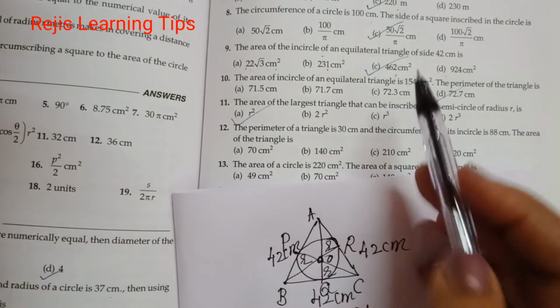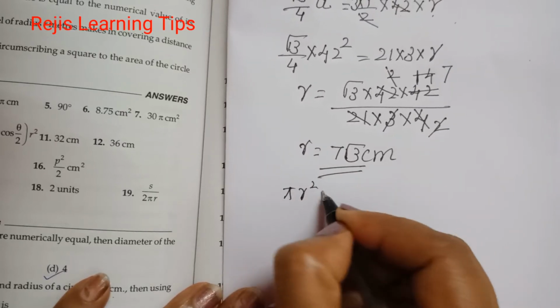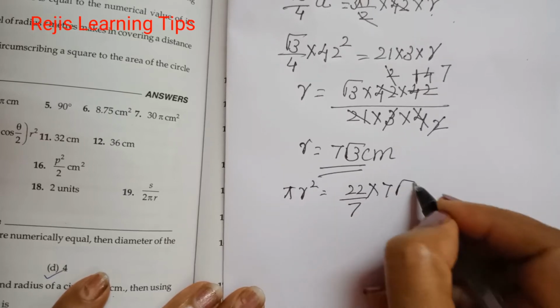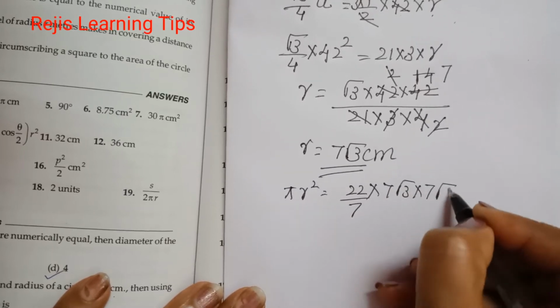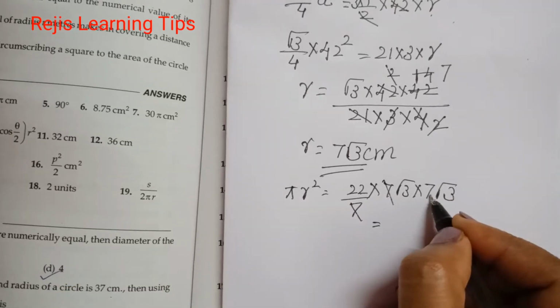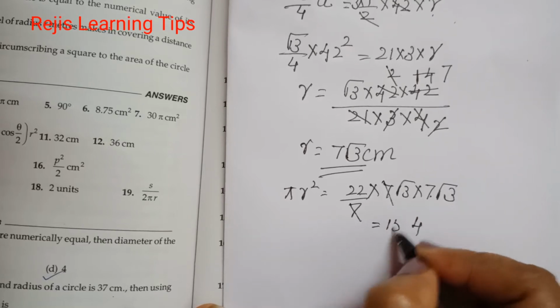We have to find the area of the incircle. Area of the incircle is equal to pi r square. Pi r square is equal to 22 by 7 into r, 7 root 3 into 7 root 3. We can cancel this 7 and 7. 22 into 7, that is equal to 154 root 3.